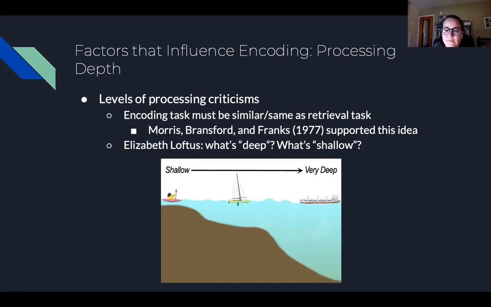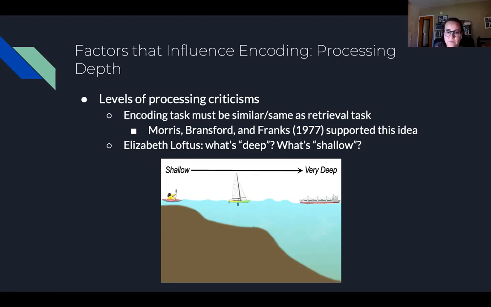And what they found was that there's this match, this congruence, this similarity between the encoding task and the retrieval task. And that is what allowed for better recall.